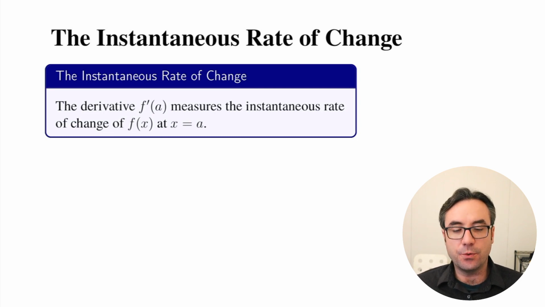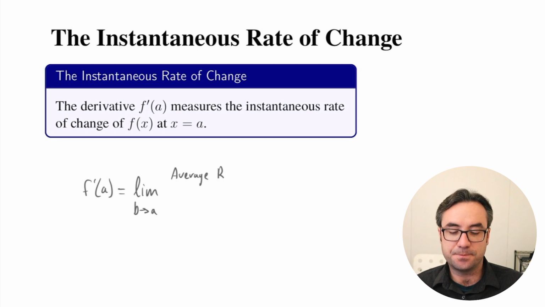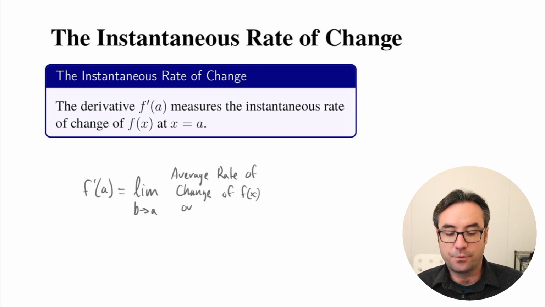And so really what we're doing with the derivative is we're doing the limit as b approaches a of the average rate of change of our function over the interval from a to b.